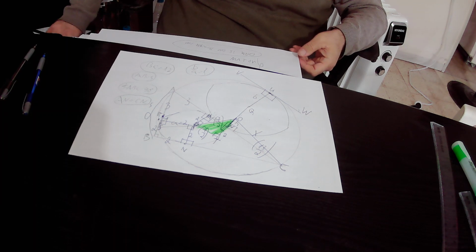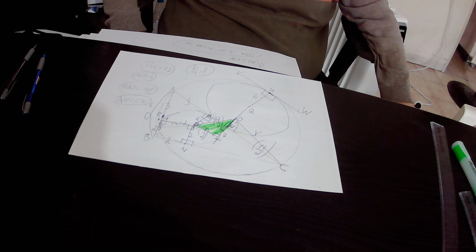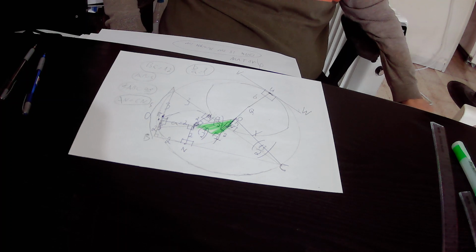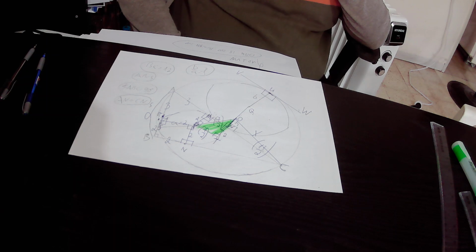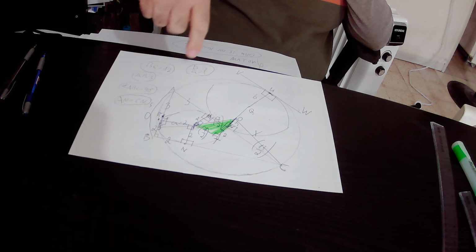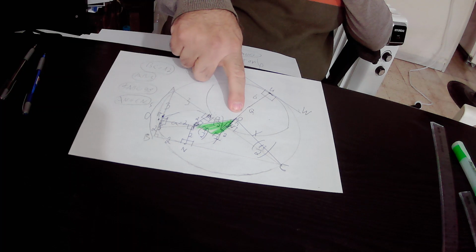Then I presented to you rule number 7, and we implemented rule number 7 in our drawing. But first of all, we define the center of the biggest circle as O, this point.